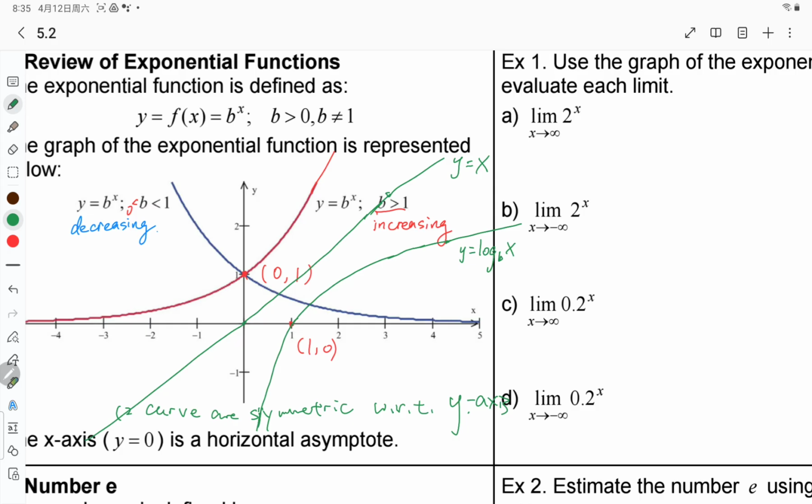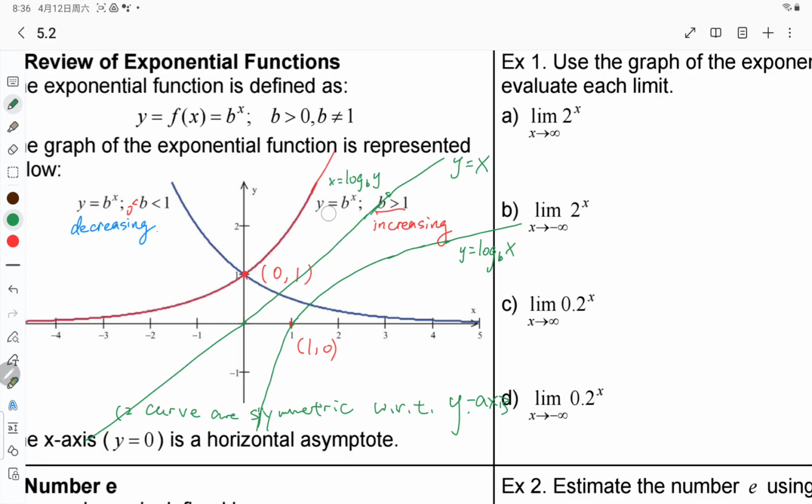So this is the inverse function, y equals log base b of x. Because y is equal to b to the x, the same function gives us x equal to log base b of y, with the same x here. And then our log function, if we write it, is y equal to log base b of x, right? So you can see that these two simply exchange the positions of x and y.